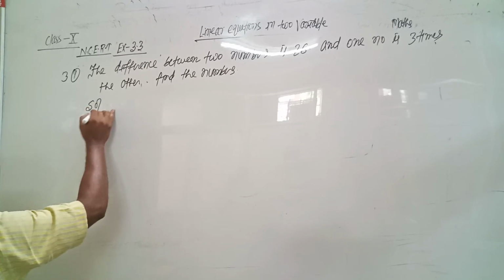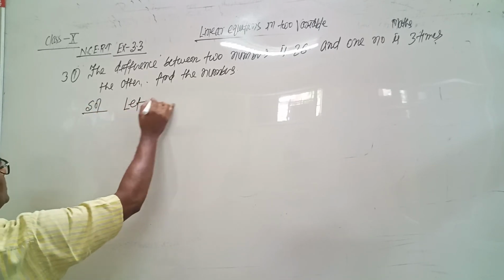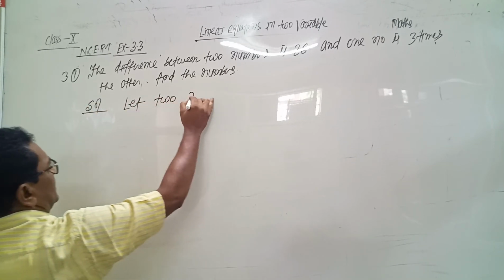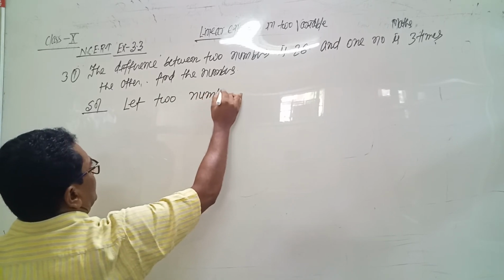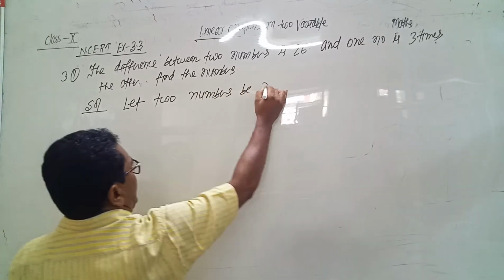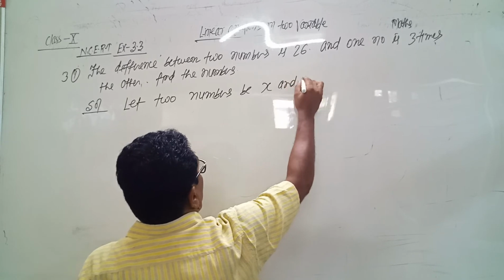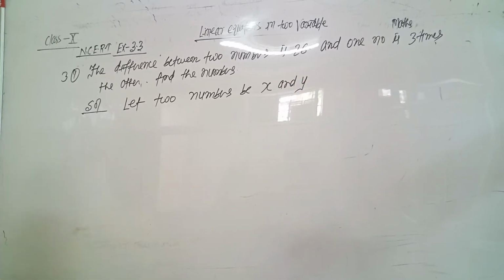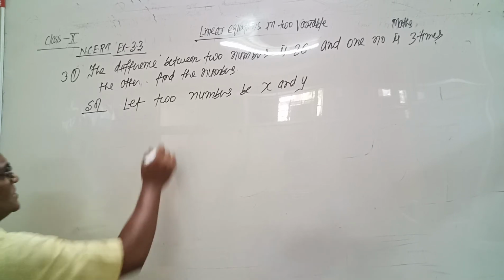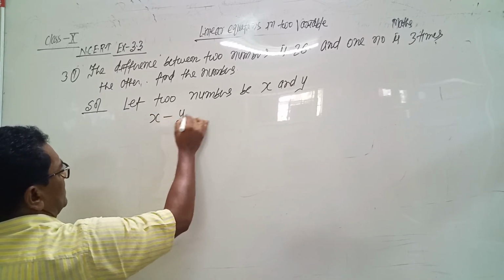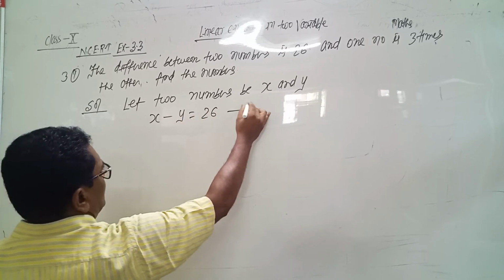So we will suppose, let the two numbers be x and y. It is given the difference between two numbers is 26, means x minus y equals 26.